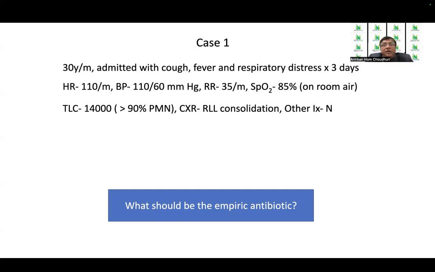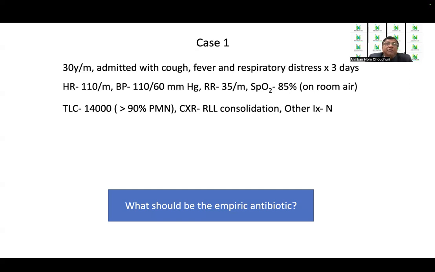And thirdly, de-escalate them timely once we know that they are no longer required or once the infection is under control. So all three steps together will determine the appropriateness of antibiotic therapy during sepsis.